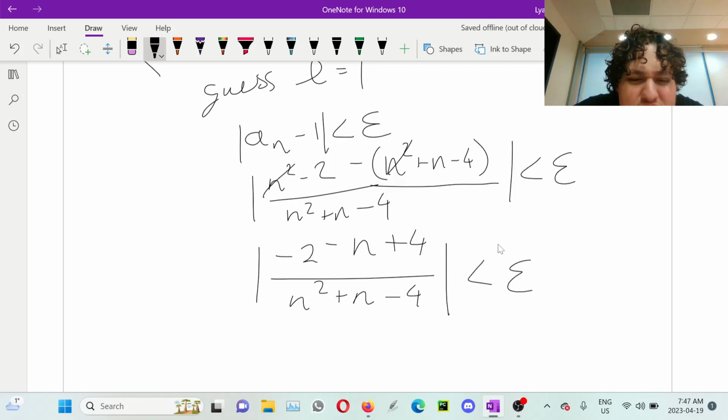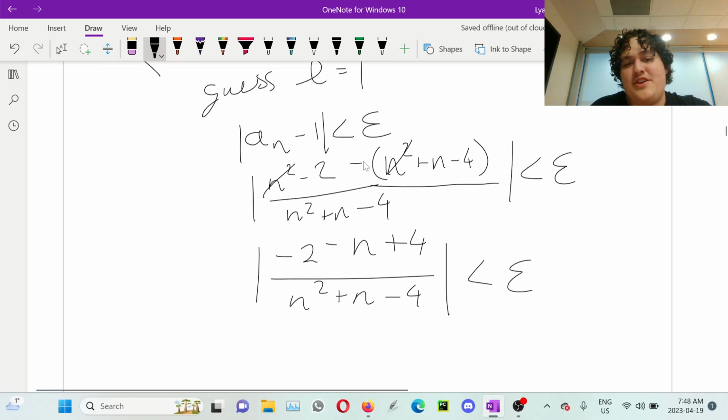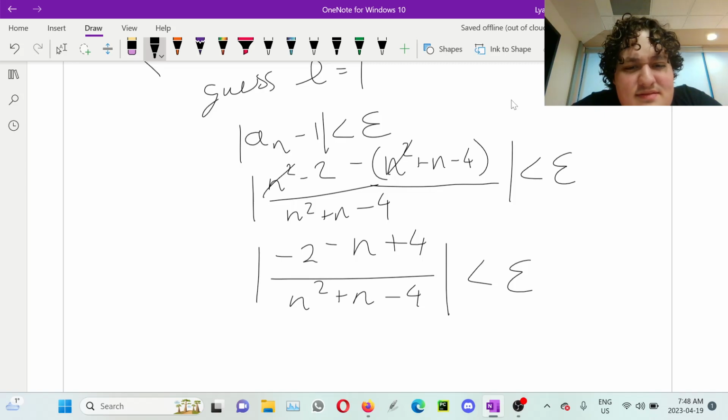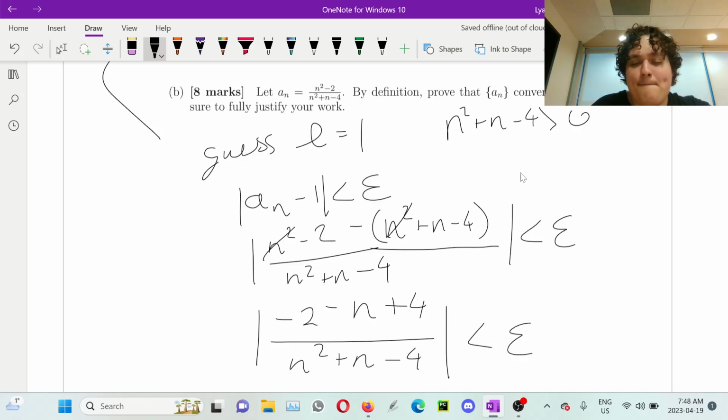I kind of want to make sure that the denominator is not 0. That feels maybe important because otherwise it changes to 0 over 0 and the whole thing doesn't make sense. So say we want n squared plus n minus 4 to be bigger than 0, because we can just make sure that the n we choose will give us this. If we have a product of -4 and the sum of 1, that is not possible.